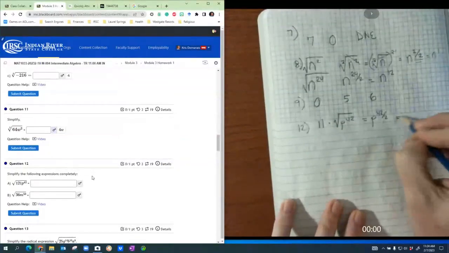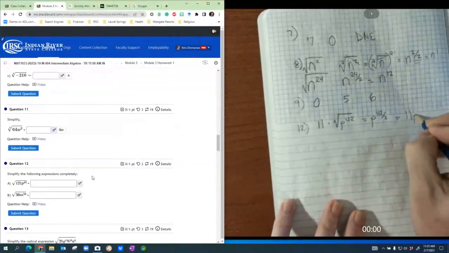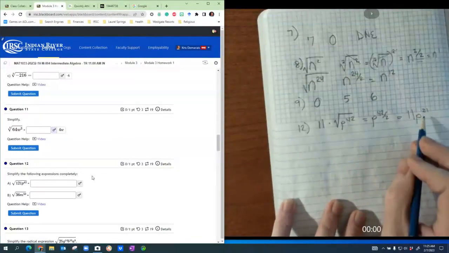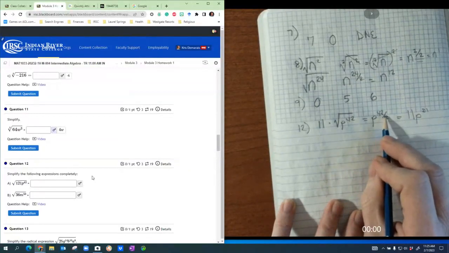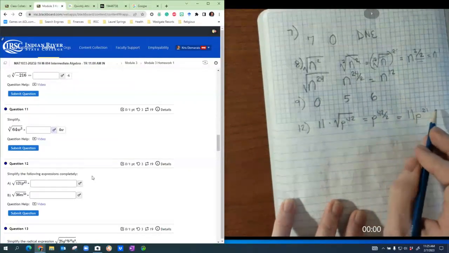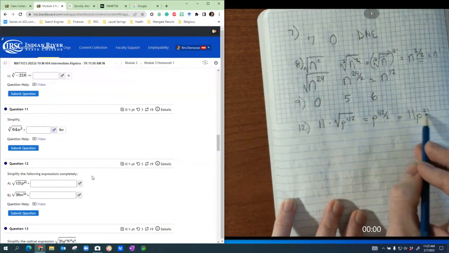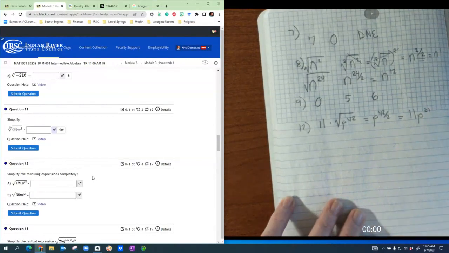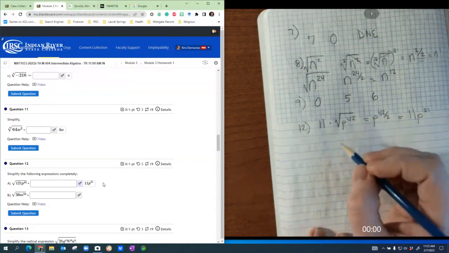All right, and then that leaves me with the final answer of 11 p to the 21st power, because 2 goes into 42 1 time, so we get our answer. All right, and that's what we get, 11p to the 21st power.